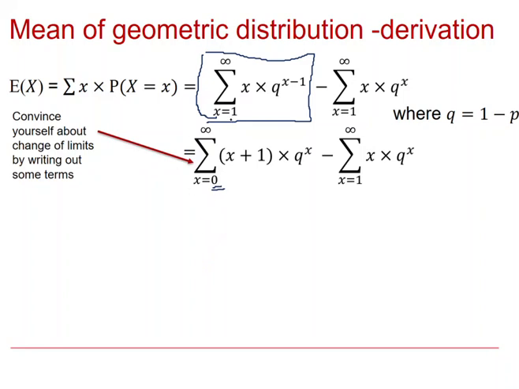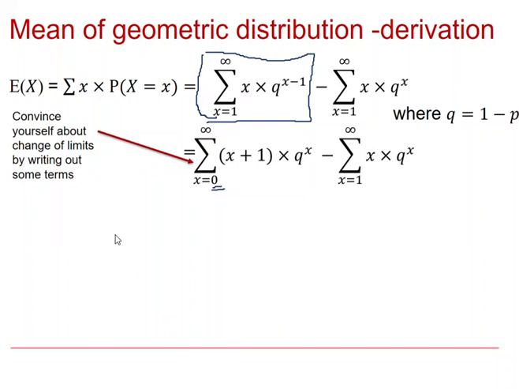And what we are doing is substituting x plus 1 for x, because when x is 0, x plus 1 is 1. So again, you might want to convince yourself about changing limits by pausing the video and just having a moment to look at that.